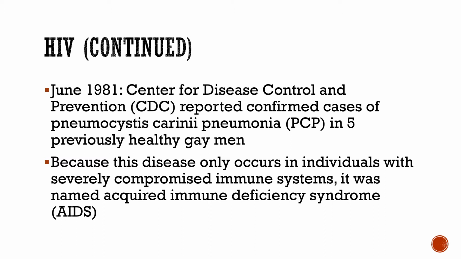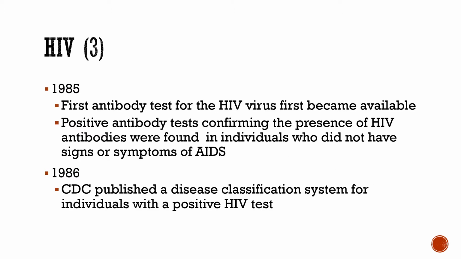Because this disease only occurs in individuals with severely compromised immune systems, it is named acquired immune deficiency syndrome, otherwise known as AIDS. So in 1985, the first antibody test for the HIV virus first became available.